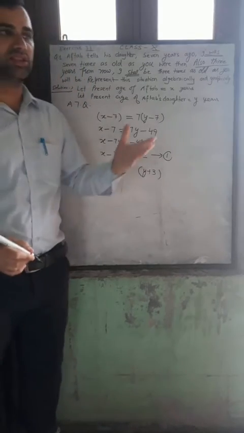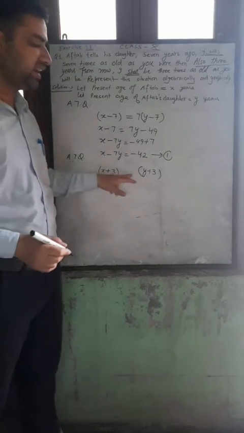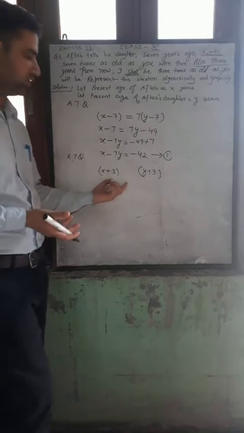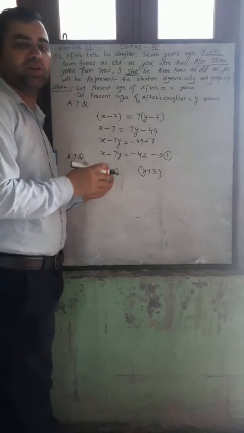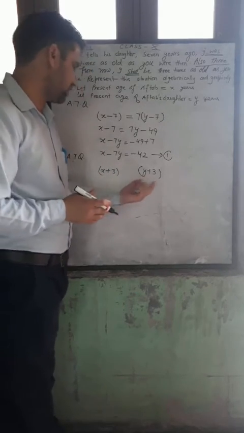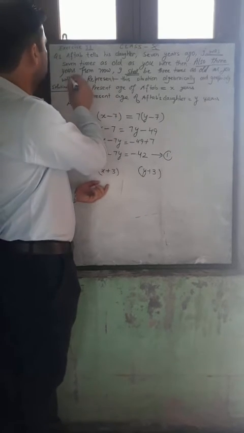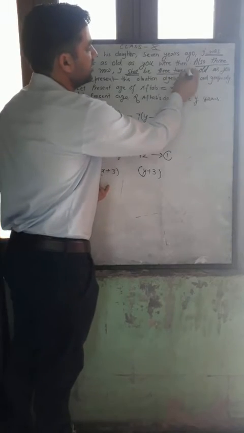Now what is the relation between these two? We want to make an equation by writing the equal sign. So this is Aftab's age because he is the father, and therefore his age is always greater than his daughter's. So who is more times? Aftab, how much? 3 times.